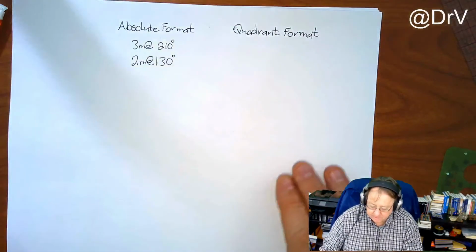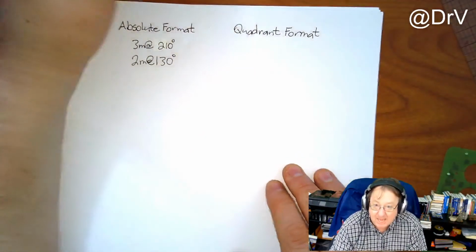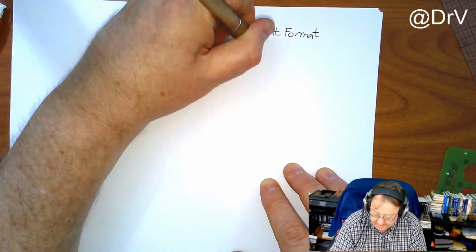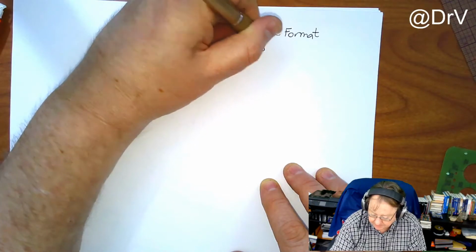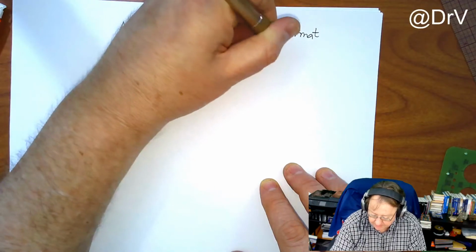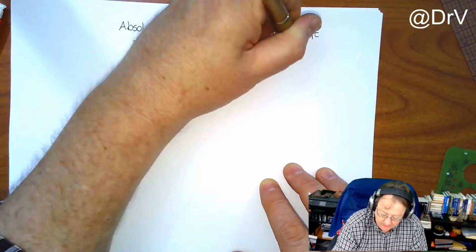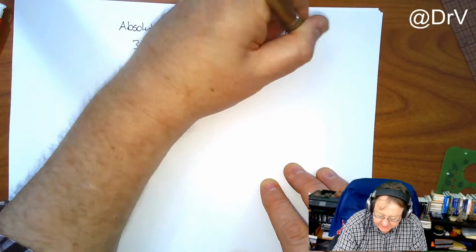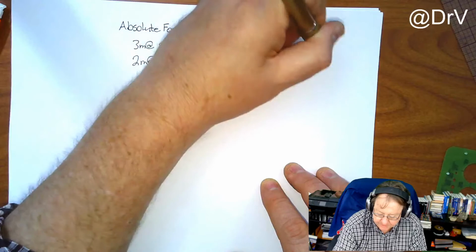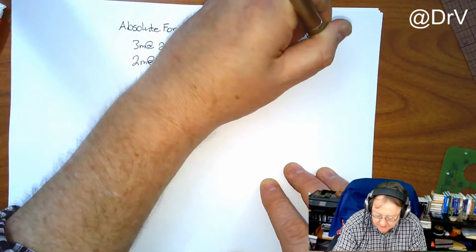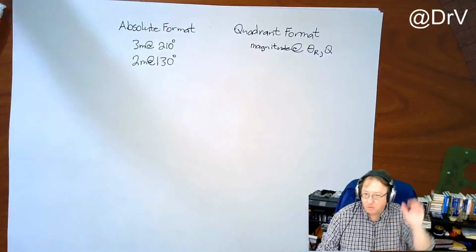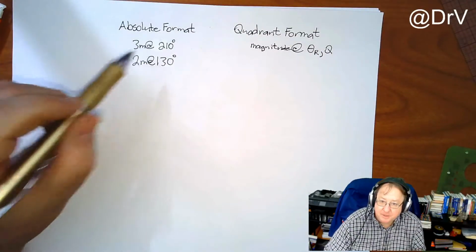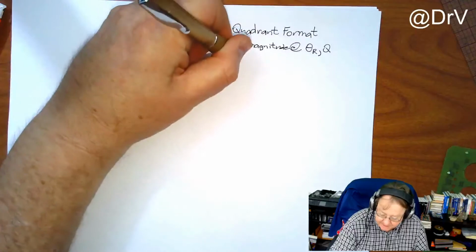So the quadrant format has a magnitude, and then you do an at symbol, and then instead of theta A, you use theta R, and then you write down the quadrant number. So for something like 3 meters at 210, the 3 stays the same.